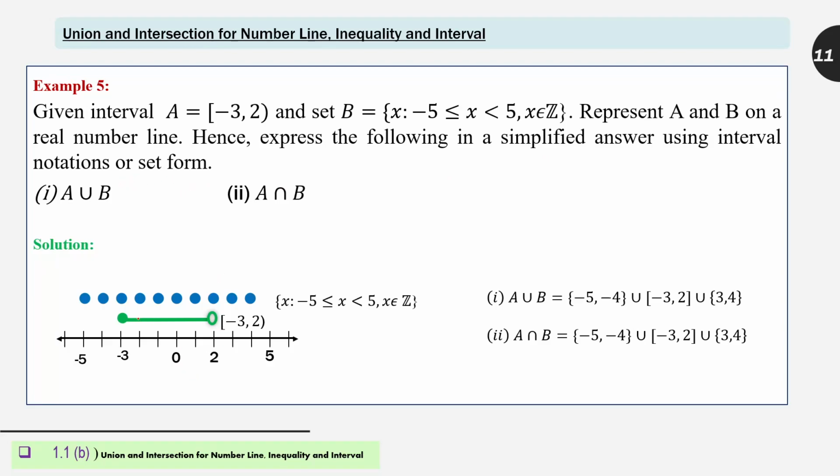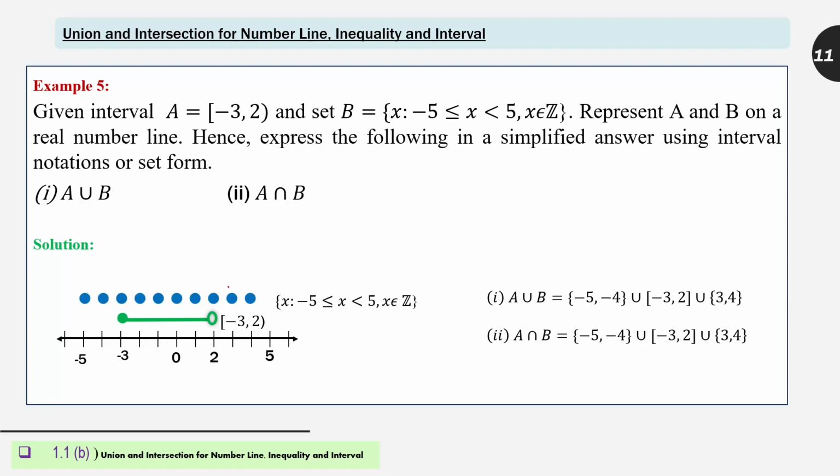So now putting -3, 2 on a number line is quite easy. This one is solid until 2. And then -5 until 5 as integers: I have -5, -4, -3, -2, -1, 0, 1, 2, 3, and 4. It's not inclusive of 5 because the 5 is not inclusive.